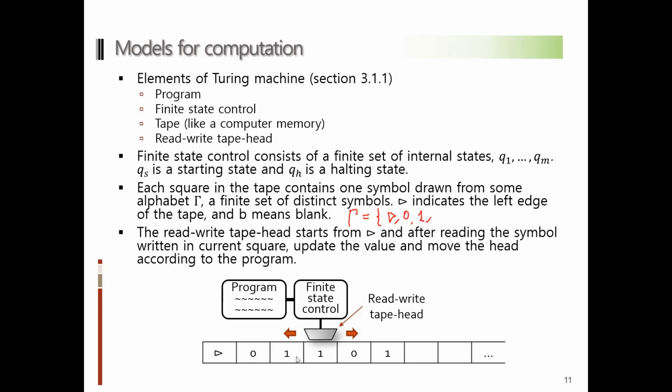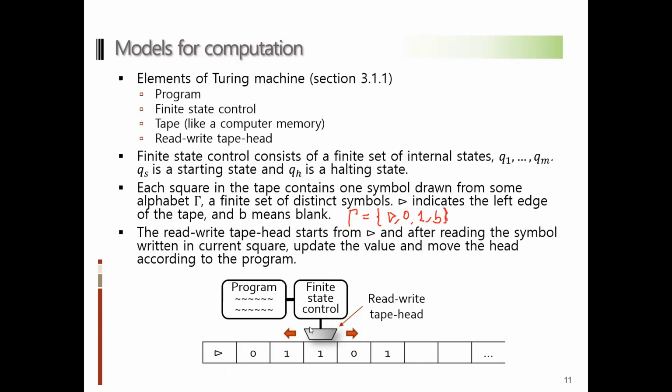But let's assume that this tape can only contain either the starting point, or a zero or one, and all the others are blank. I will just use B to represent the blank. So the only types of alphabet which can be written on this tape are these four possibilities.